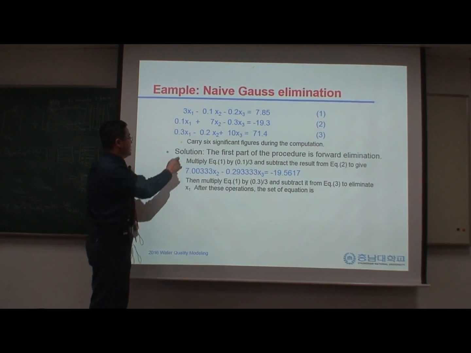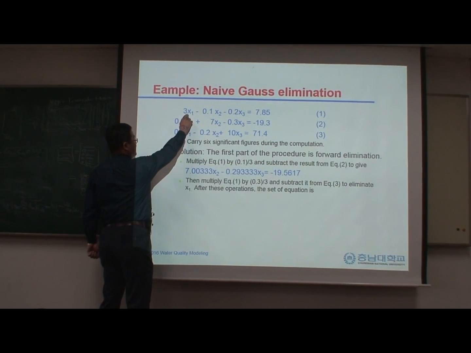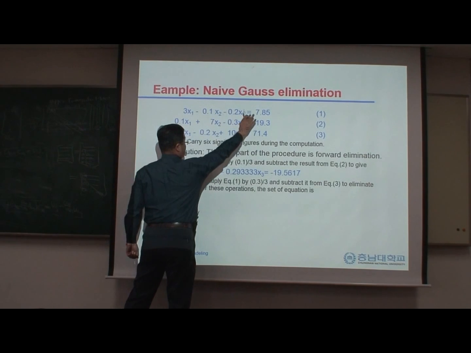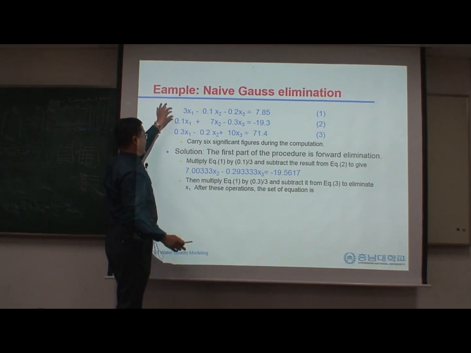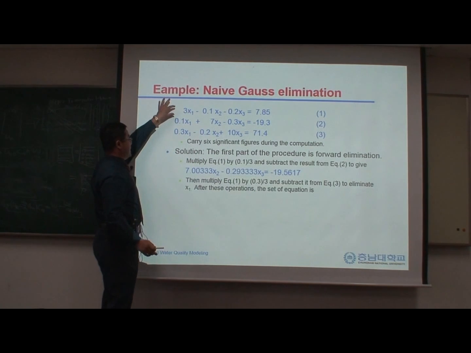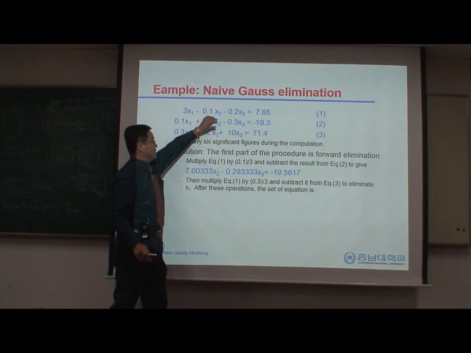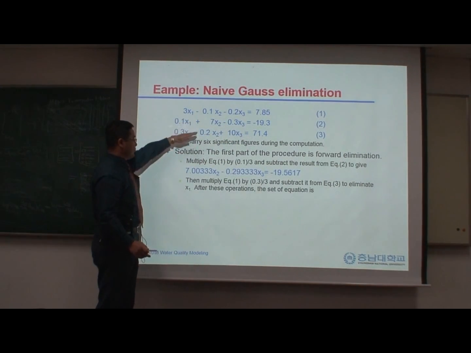But in other words, in here I can make this 0.1. Okay? To make 0.1, I can multiply this by 0.1 and divide by 3, everything there. And then once I have the new coefficient, I can subtract everything from this one. And then I can come up with this.